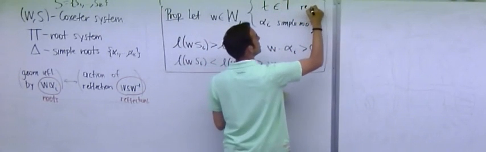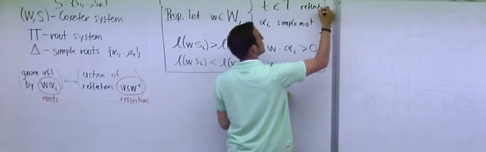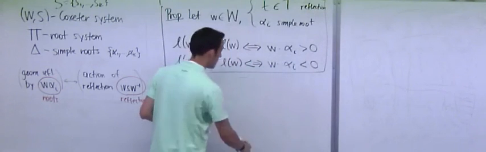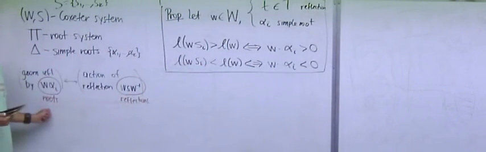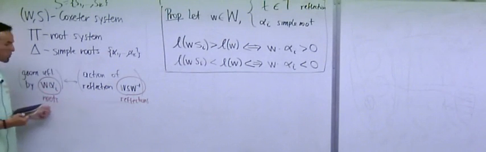So what I want to do is just replace this by some arbitrary reflection. Now we know that reflections correspond to roots. So instead of having a simple root, I'm going to have just an arbitrary root.